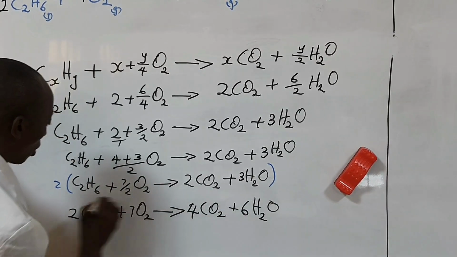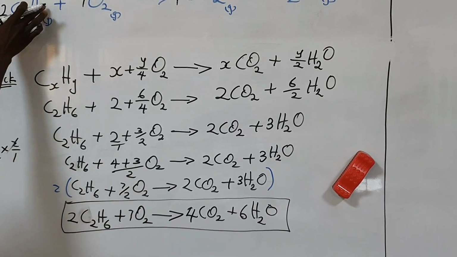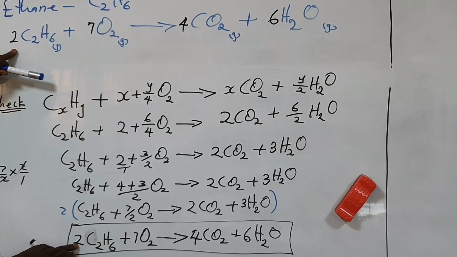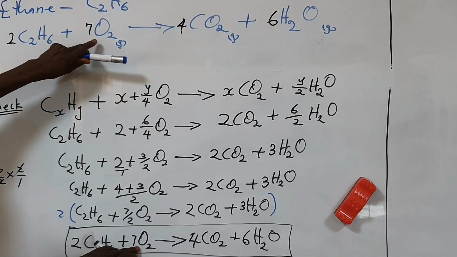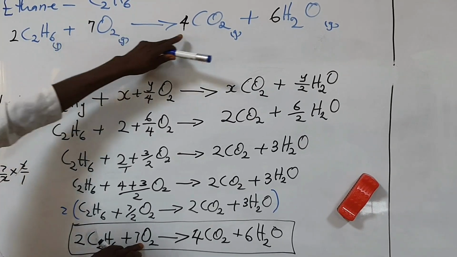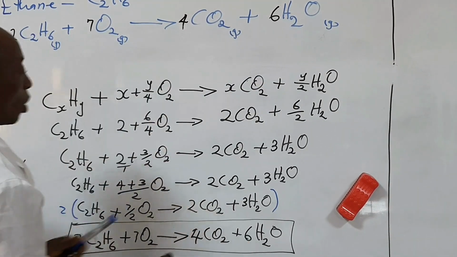Looking at this closely, what we have above is 2 moles of ethane, 7 moles of oxygen, 4 moles of carbon dioxide, and 6 moles of water.